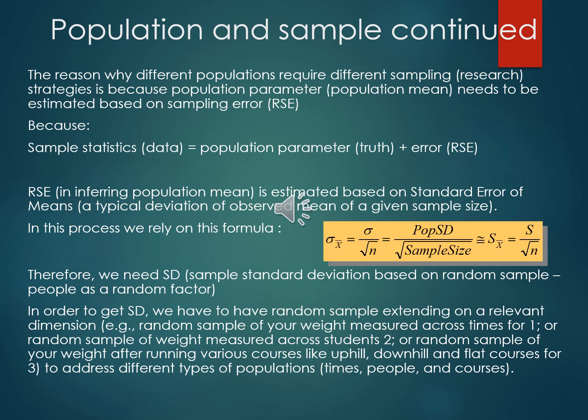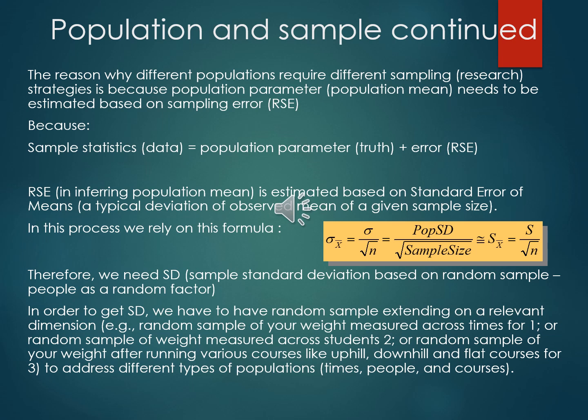Given that we don't have a population standard deviation, we are going to substitute the sample-based standard deviation divided by square root of n. So here what you need is the sample standard deviation.